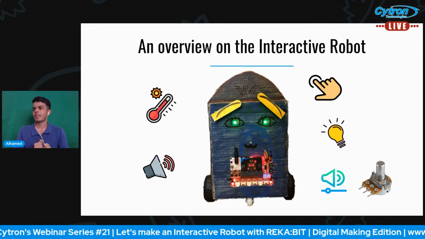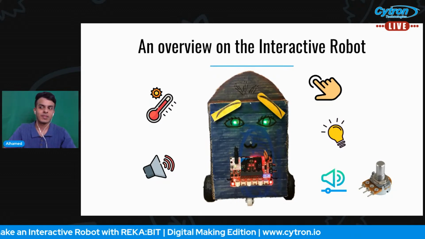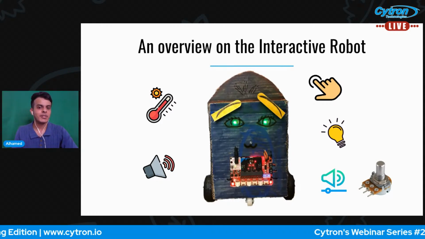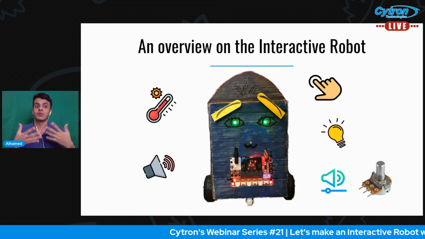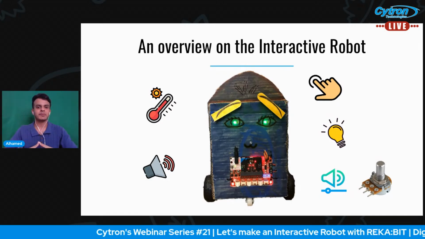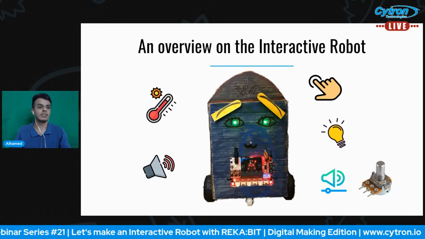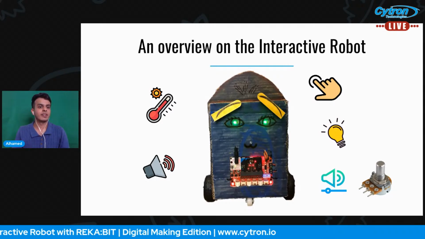Other than this, we will also be dealing with the touch sensor. Over here, we have a touch sensor over the logo. If we touch the logo, it's like we are tickling the robot, so the robot will be happy. It will show a happy expression, the eyebrow will go up, the green LED will turn on, and it will produce a happy or laughing sound.